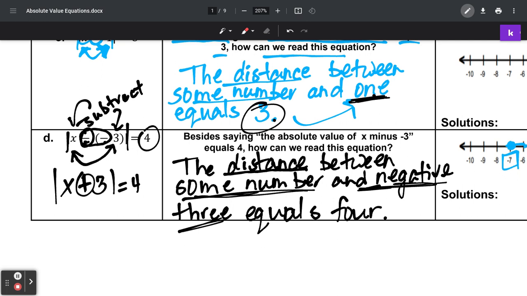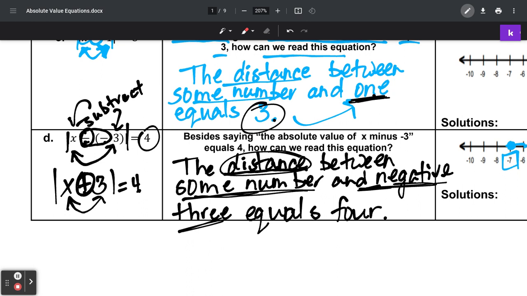So some students will say, oh, the distance between x and 3, if they see it written like that. The distance between some number and 3 is 4. That's not really 3, because in order to say distance, you've got to have a subtraction sign, and that's a plus sign.